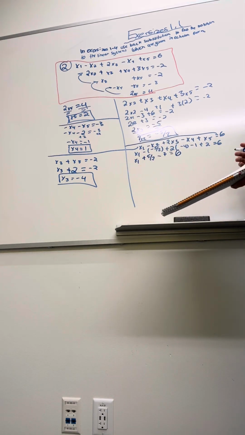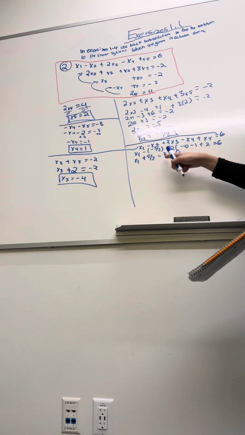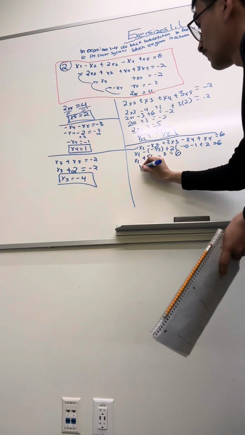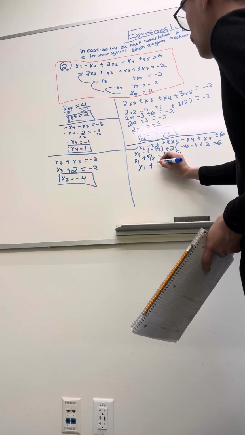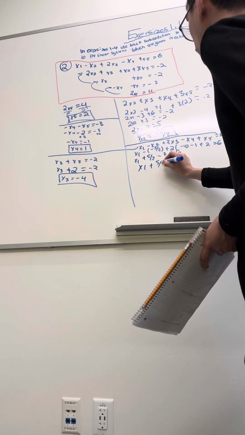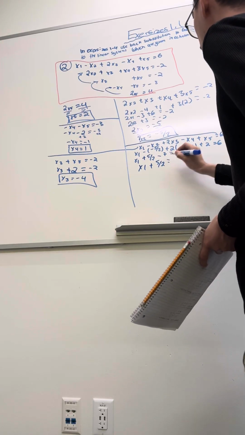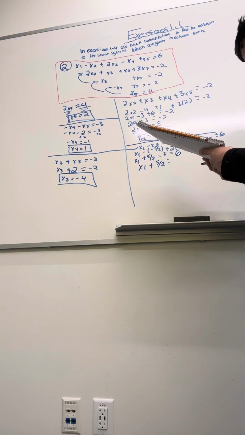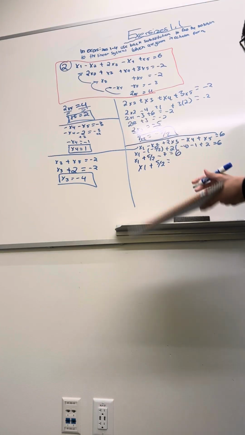So now we add 7 on both sides to cancel it out. x1 plus 5 over 2 is going to equal, 6 plus 7 is 13.